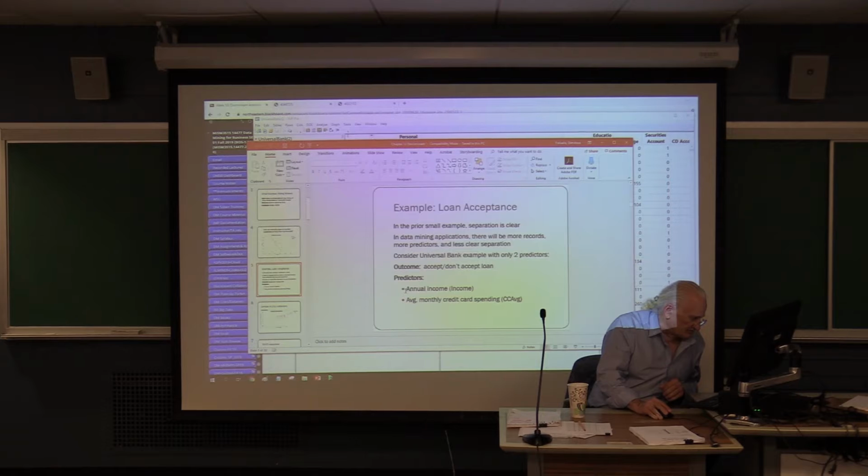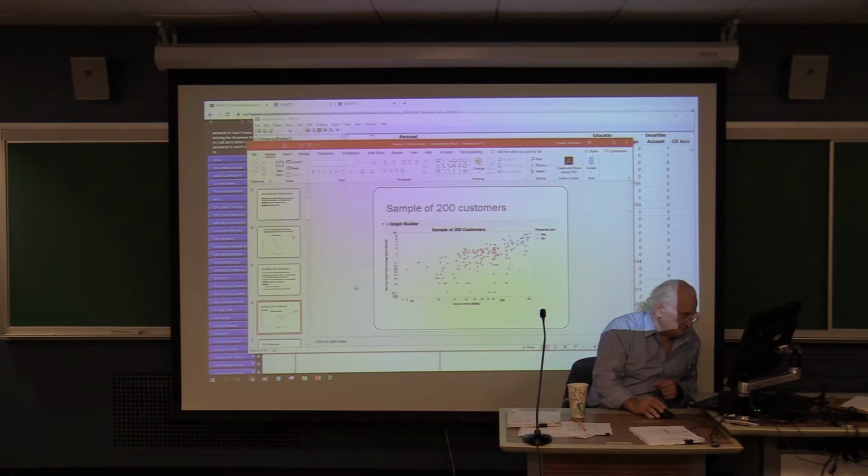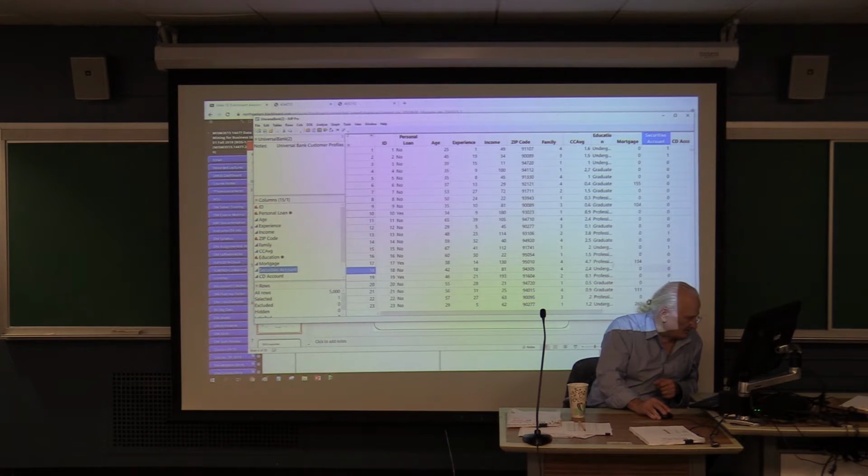And for now we're using, actually this is accept the loan or not accept the loan. And we choose to use only 2 of the main independent variables. This file has 5,000 records.